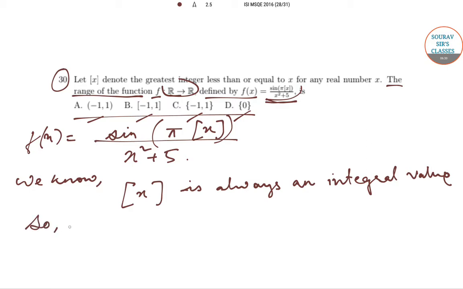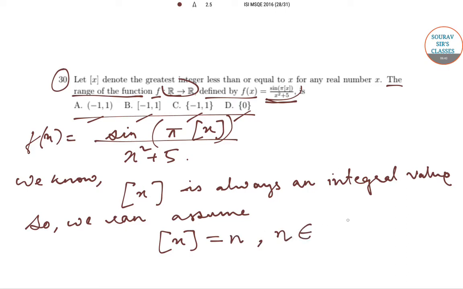So we can assume that greatest integer of x is equal to n, where n belongs to the set of integers. N keeps on changing, but it is basically an integer.